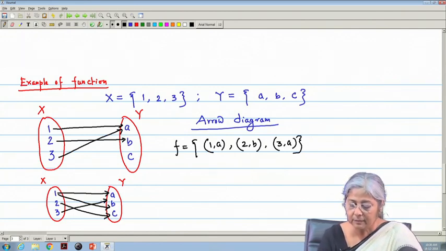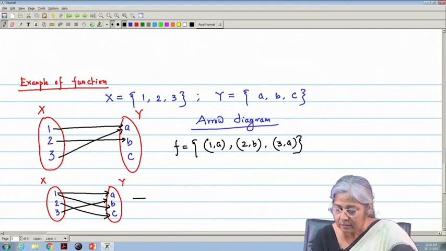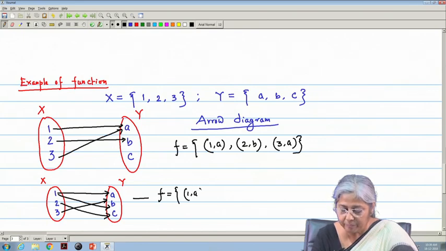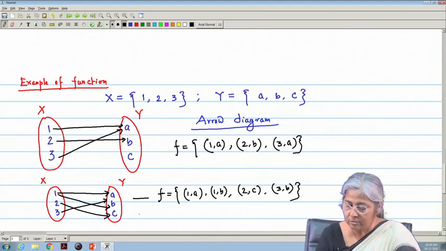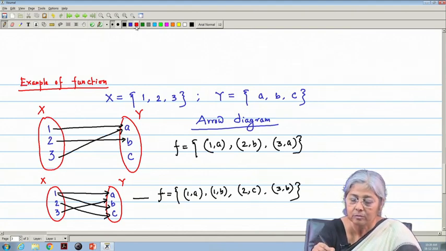See here, it is not a function. This arrow diagram gives f equal to 1a, 1b, 2b, 2c, 3b. So, this is not a function.